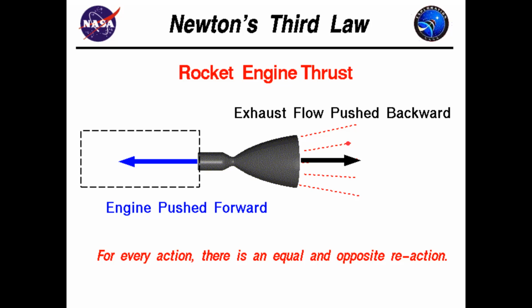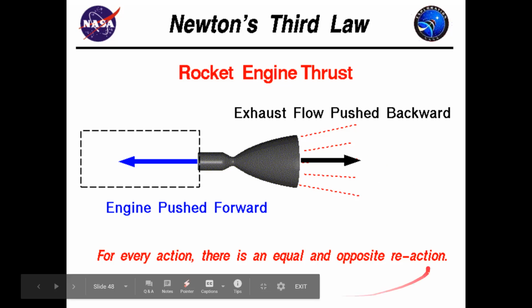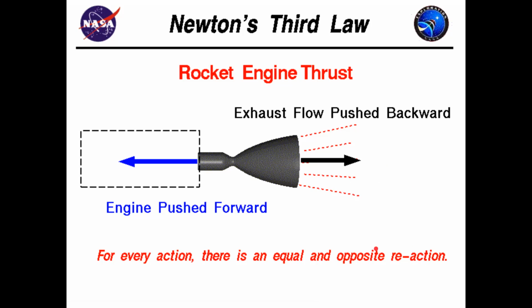We start shooting the exhaust out backwards or down, and that causes our rocket to start going up. So an equal and opposite reaction to our initial action. The force of the exhaust coming out of the rocket and going down is what's causing the actual body of the rocket to go up.